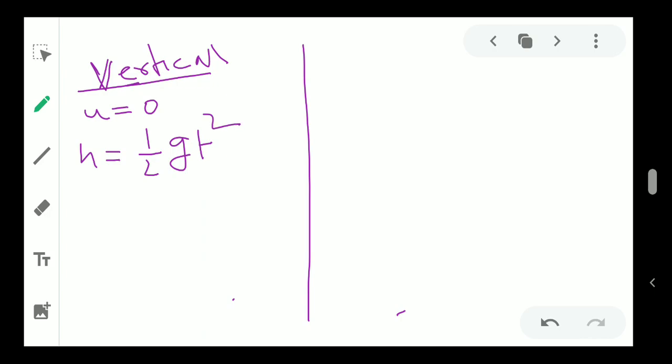For the vertical motion, our initial u is 0, g we know, so we can see that s equals ut plus half at square, that means half gt square. We can find out t very easily, right? And that t will be the square root of 2h by g. Why is this t needed? Because this t will be useful for our horizontal motion.